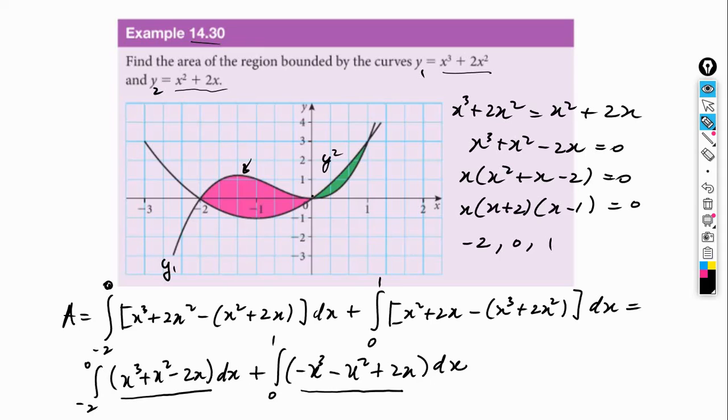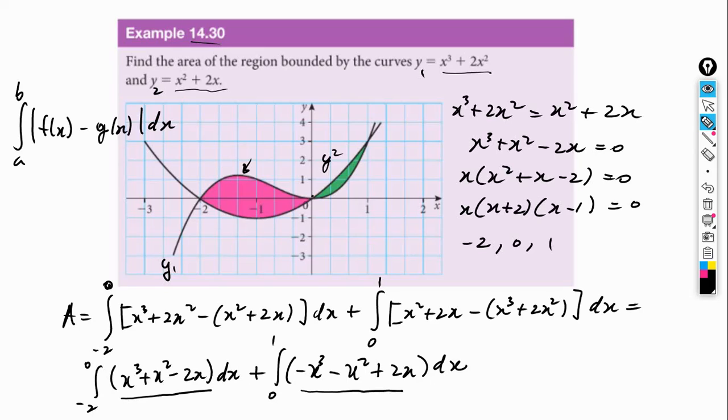You could find this total area by simply going from A to B and doing the absolute value of f of x minus g of x. And that would give us the area as well. If you had to do it in the GDC or if you want to do it that way, it's perfectly valid.